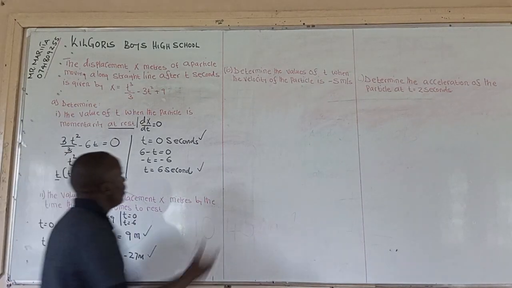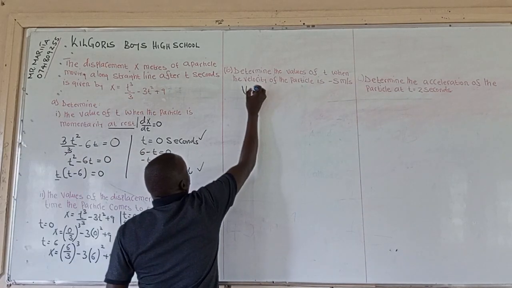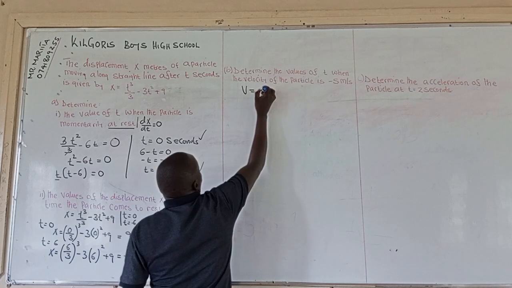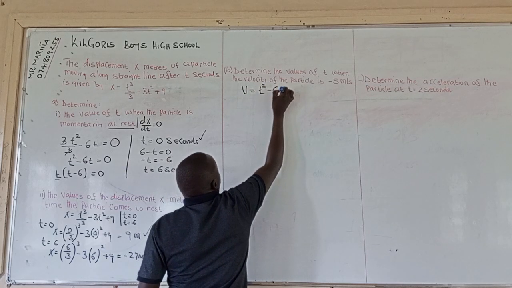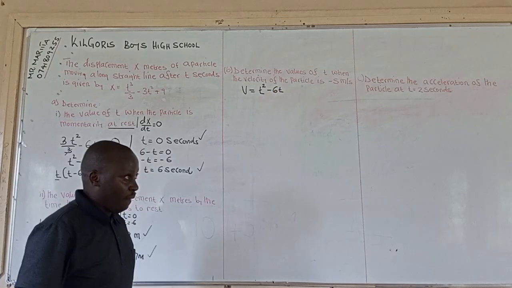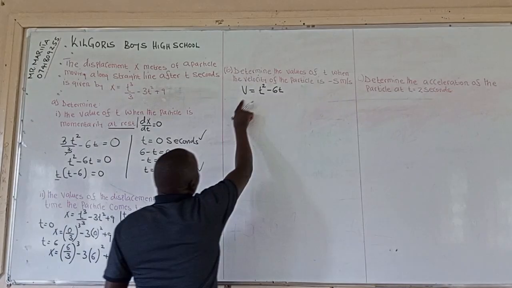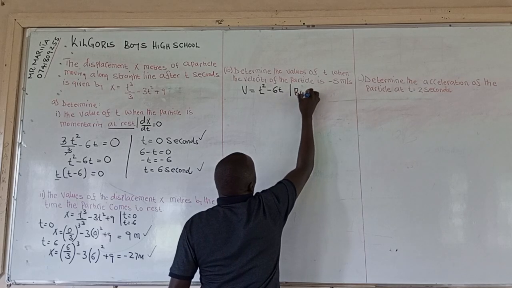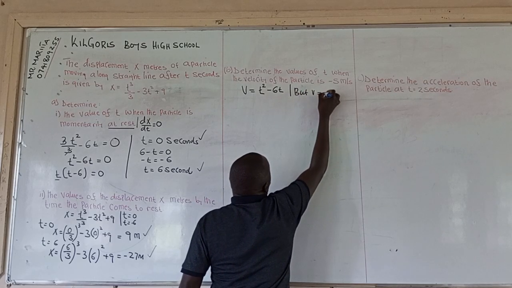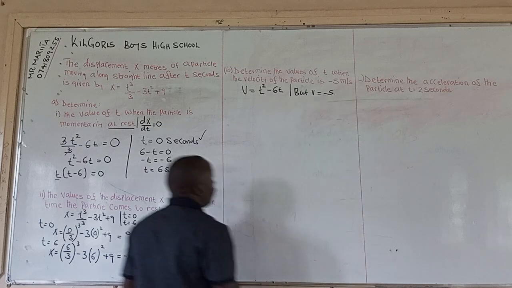So our velocity v is equivalent to t squared minus 6t. But we have been told that the velocity is equivalent to negative 5.